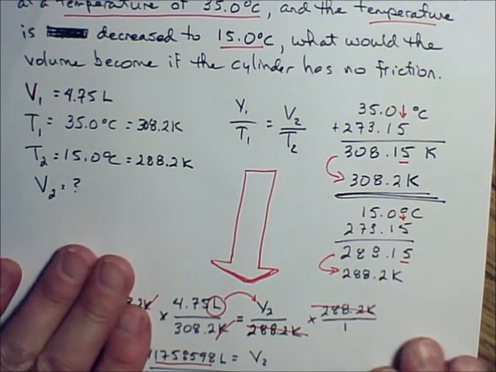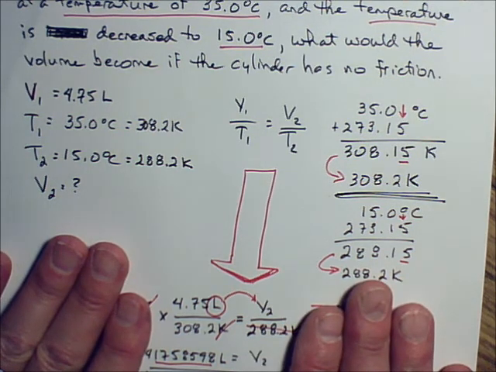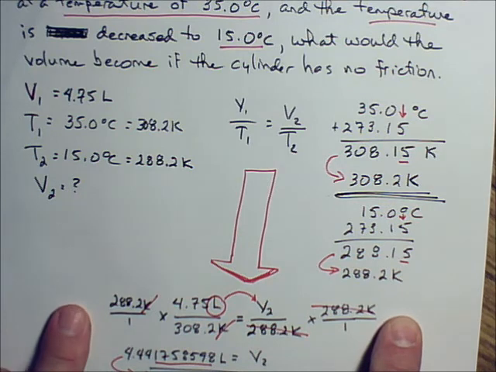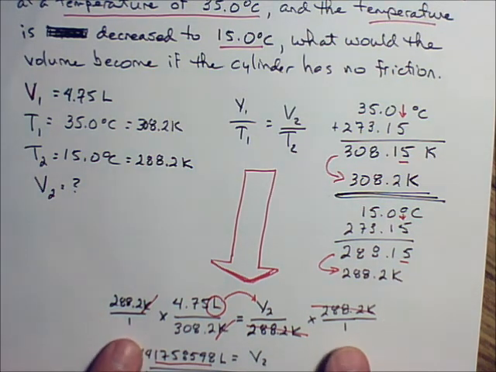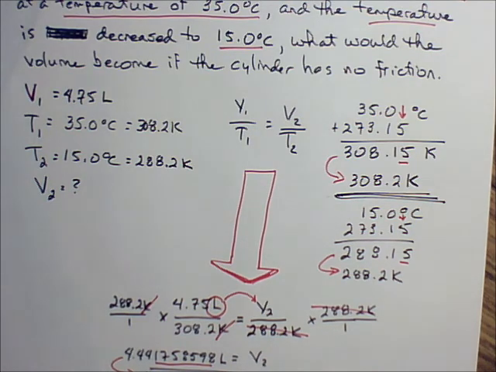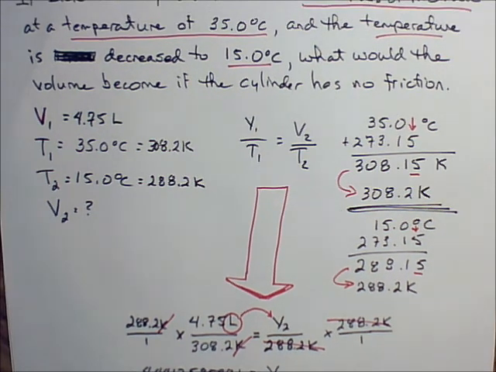All right, so we've substituted our knowns and unknowns. Now we're going to isolate the unknown by setting up the equation in a way that will do that. So in this case, we multiply by these two numbers here on both sides. Remember, what you do to one side, you have to do to the other. Then you cancel, and then you do the math we've learned to do for a couple months now.